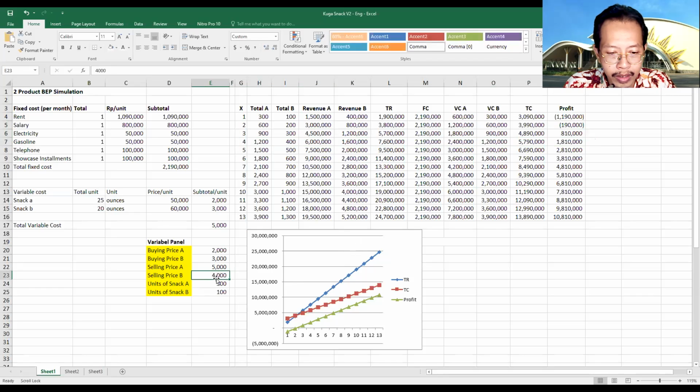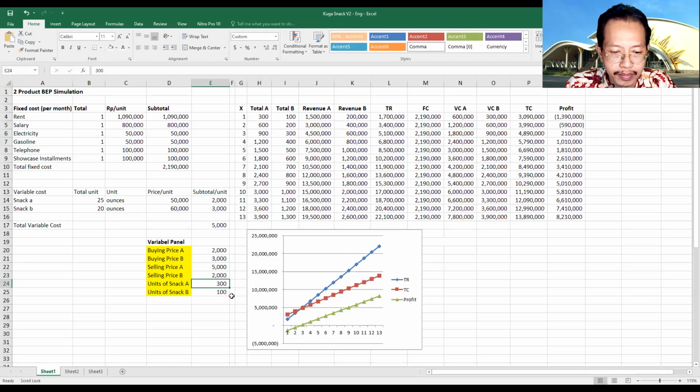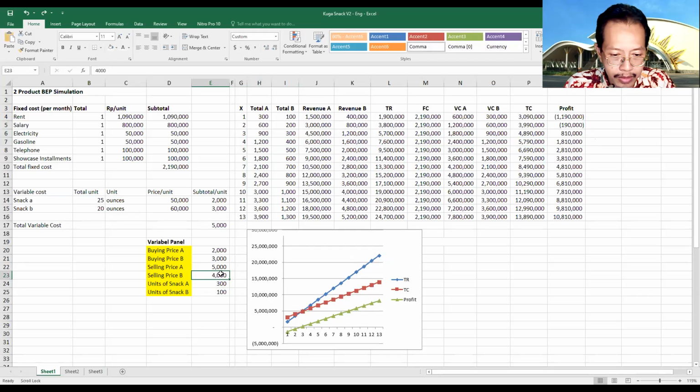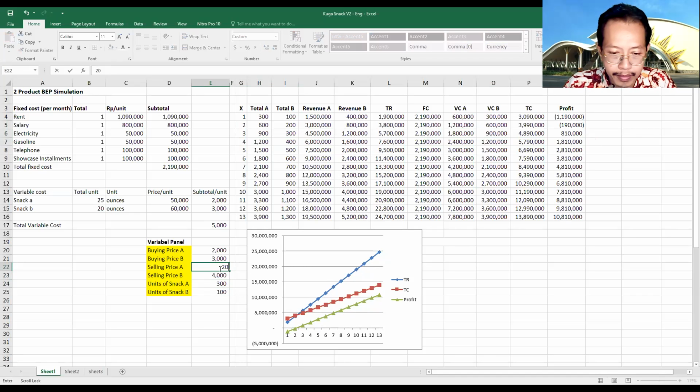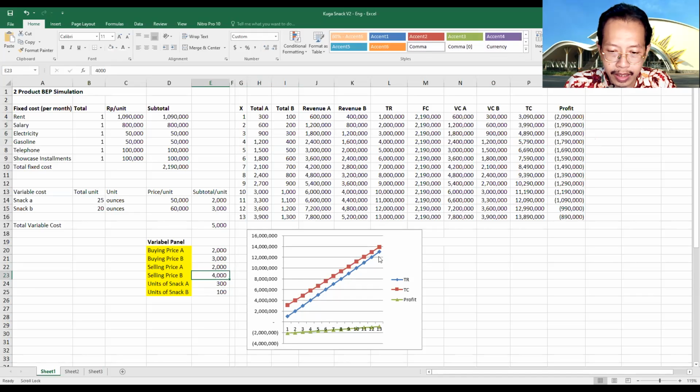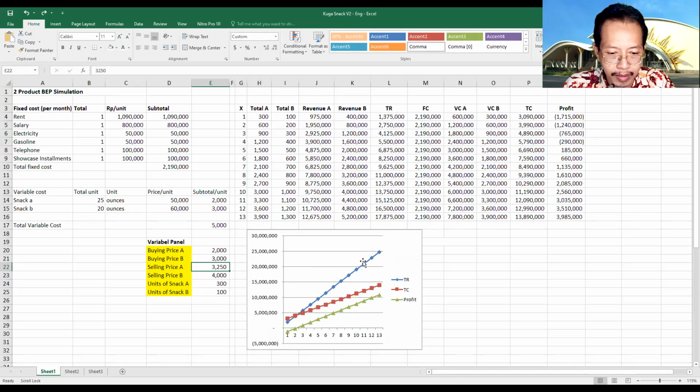But if you lower it, then let's say this is 2,000, then it becomes longer. Sorry, not this one, I'll change this one. It gets longer. It's even longer than this chart. So you can see the break-even point in the 13th month. Make it back to before.